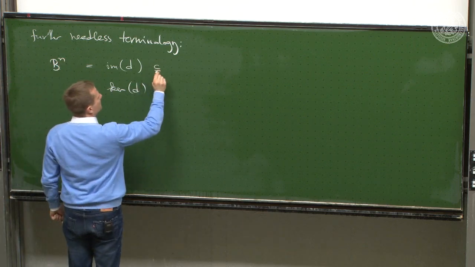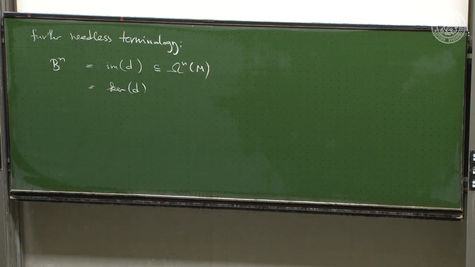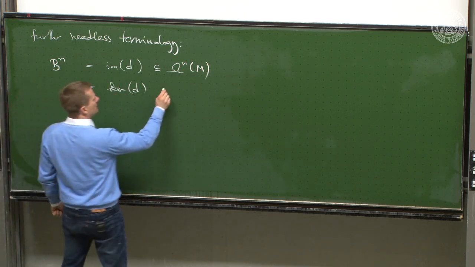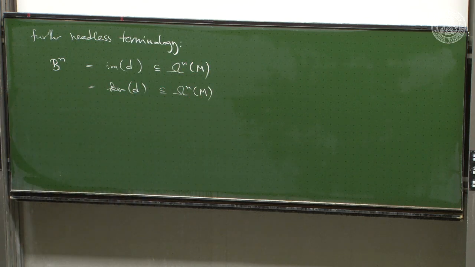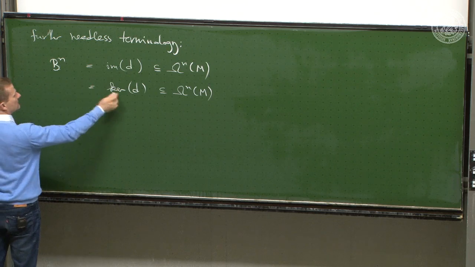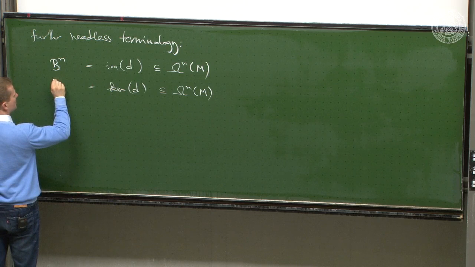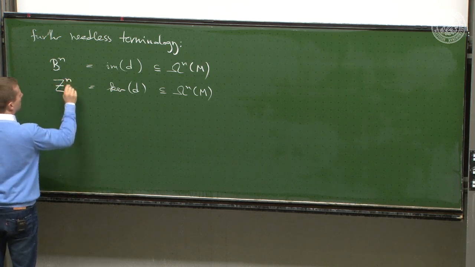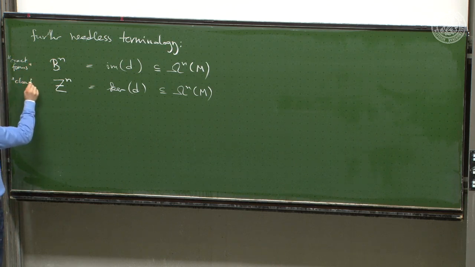If this is the image of the d that results in an n-form, this set, and if you look at the d whose kernel is a space of the n-forms, then you call these the closed forms, you call them Zn. So these are the exact forms, the space of exact forms, and this is the space of closed forms.